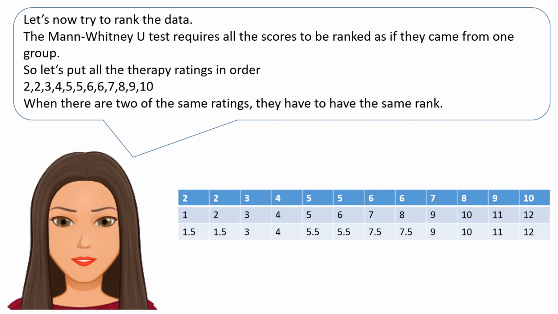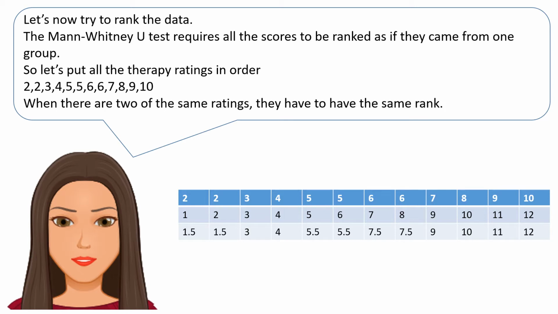Now let's try to rank the data. The Mann-Whitney U test requires all the scores to be ranked as if they came from one group. So let's put all the therapy ratings in order. 2, 2, 3, 4, 5, 5, 6, 6, 7, 8, 9 and 10.